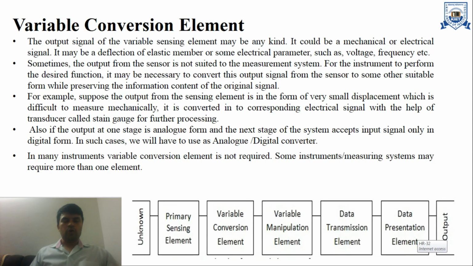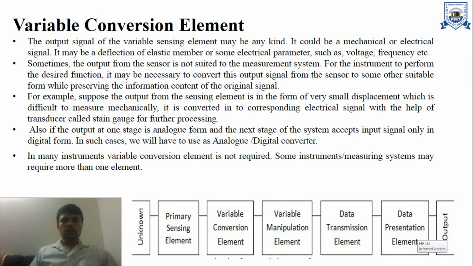Then we have a variable conversion element. The output signal of the primary sensing element may be of any kind. It could be a mechanical or electrical signal. It may be a deflection of an elastic member or some electrical parameter such as voltage, frequency, pulse, etc. Sometimes the output from the sensor is not suited to the measurement system.